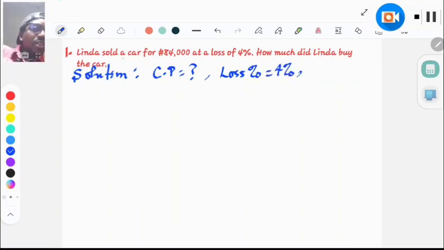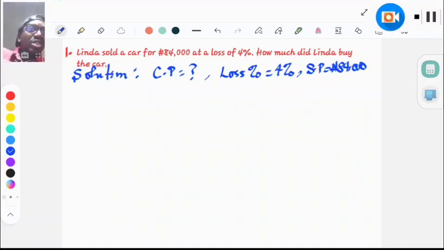Then we also have that Linda sold a car, which means the selling price is 84,000 naira. We also need to remember that for you to have a loss, the cost price must be greater than the selling price.